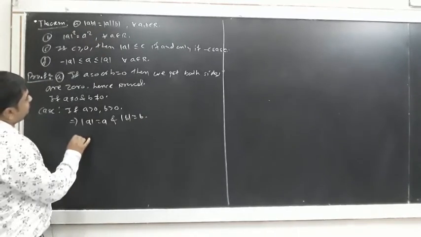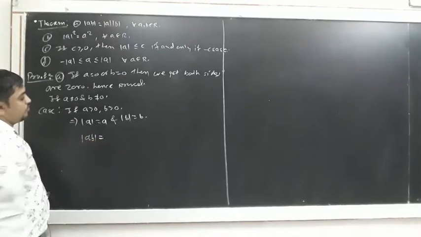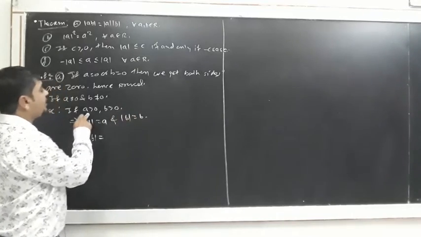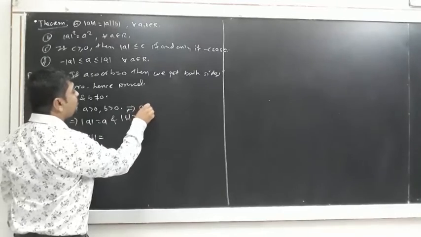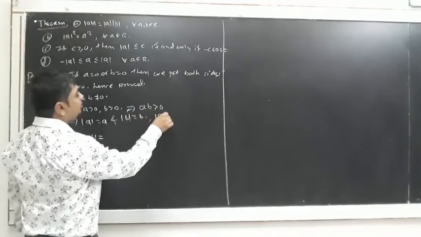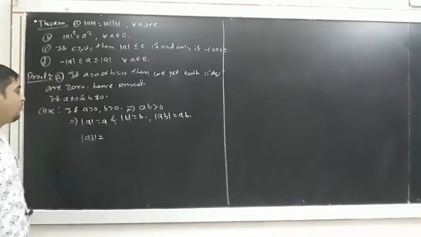So consider mod of A dot B. Since A is greater than 0 and B is greater than 0, this implies that A dot B is again positive, so mod of AB is equal to AB.